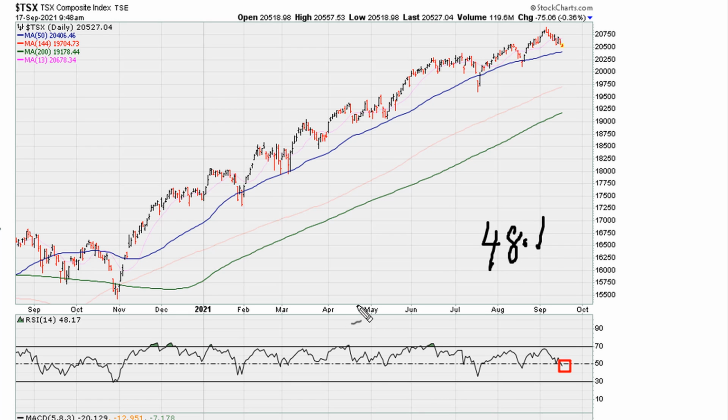Now remember, if you wanted to go long on a day-to-day intraday price action, you have to respect the probability of lower prices in the market just because they are holding below RSI 50. Now, if they recover intraday back above 50, then you can play any type of intraday bounce in the market.